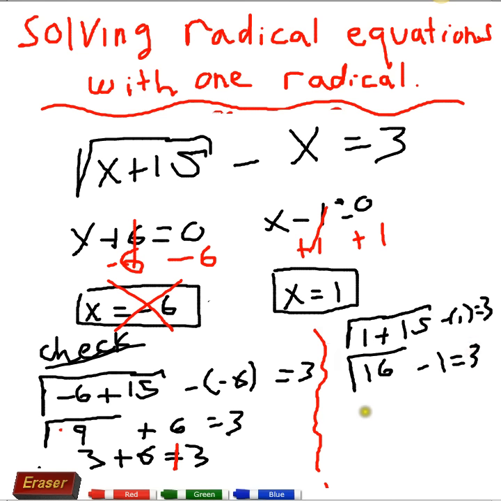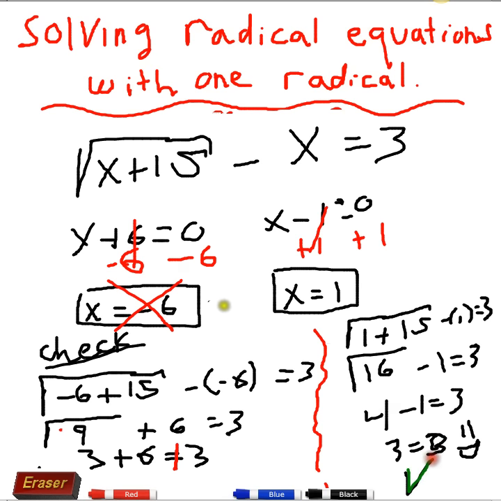Well, the square root of 16 is 4, minus 1 equals 3. 4 minus 1 is 3, and 3 equals 3. So we're happy. Woohoo, we're happy. And it works. So let's get a nice big green check mark. So x equals 1 is the solution to our original problem.